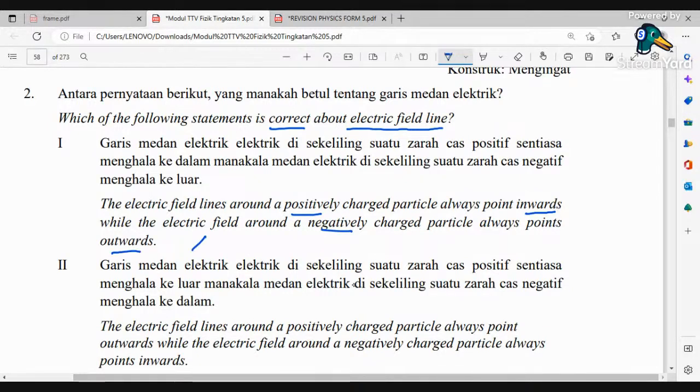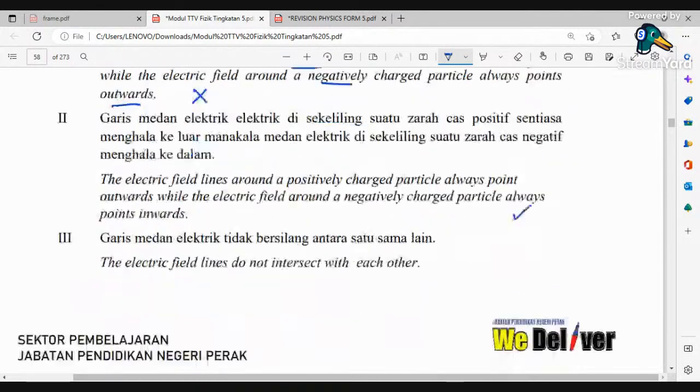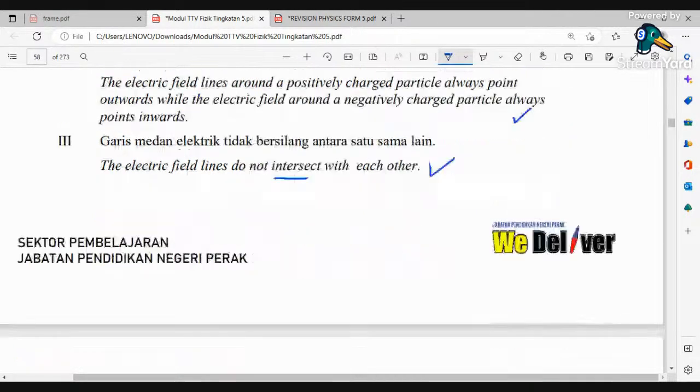So this is wrong. Part 2. Electric field lines around positive charge always point outwards, negative inward. Yes, this one is correct. Part 3. Electric field lines do not intersect, meaning they cannot cross. This one is correct. We have 2 and 3 correct.